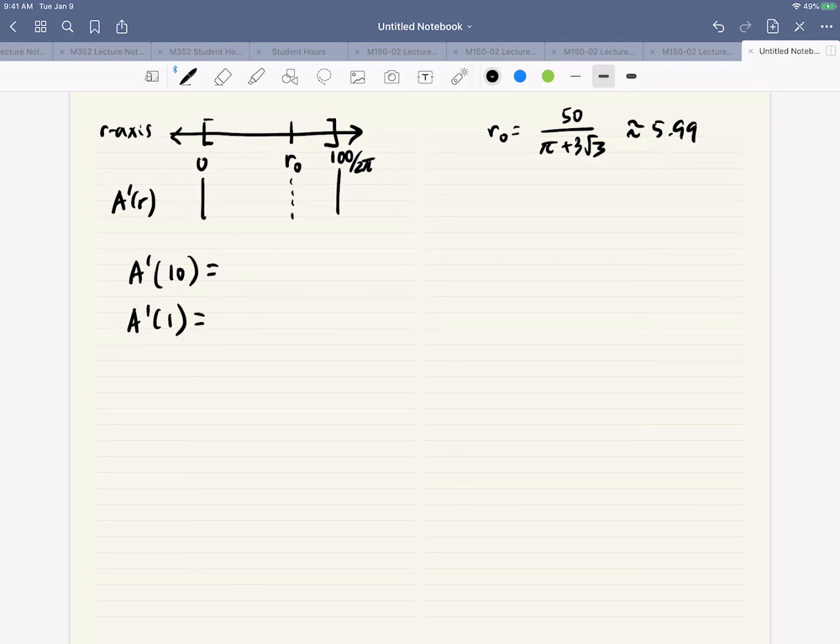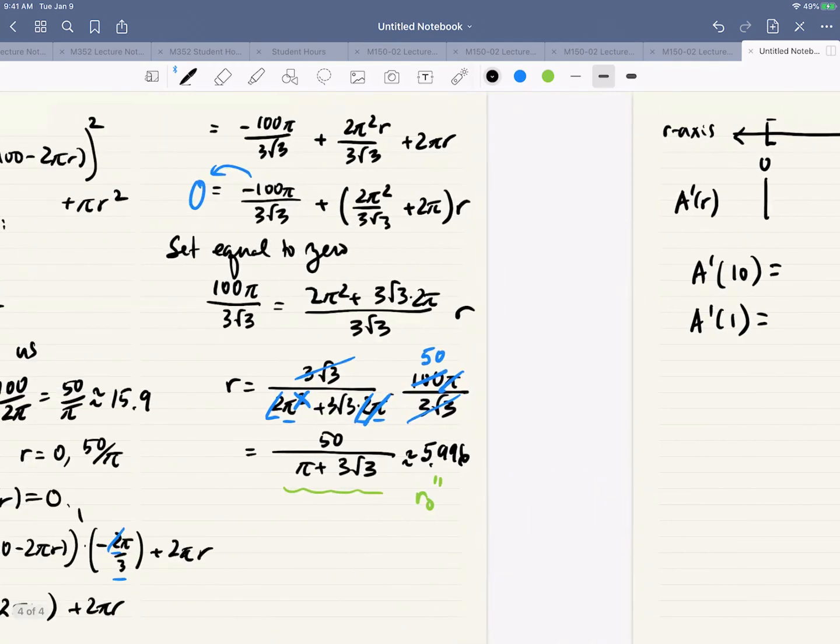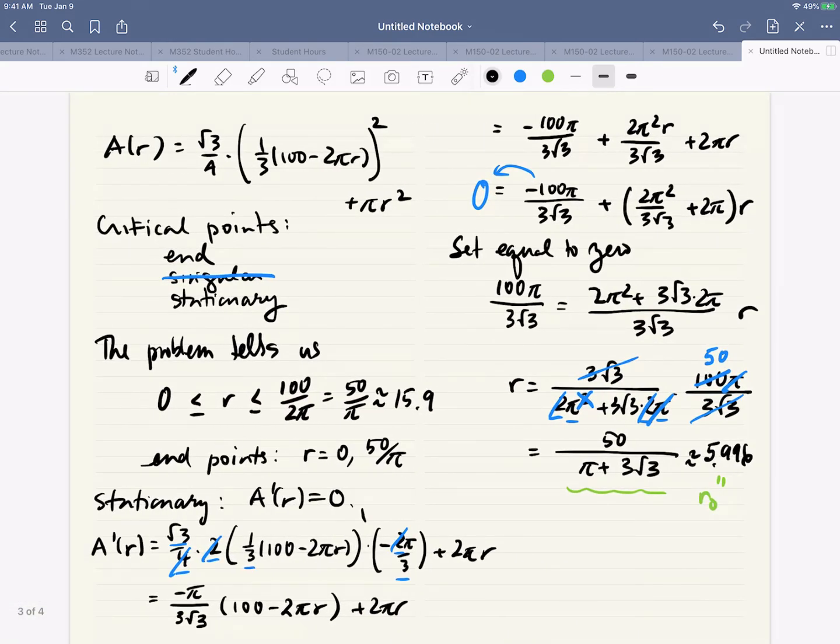Okay, so let's go back and look at what my derivative formula is. My derivative is right here. So I'm going to plug 10 in. I'm going to use my computer and plug 10 in.